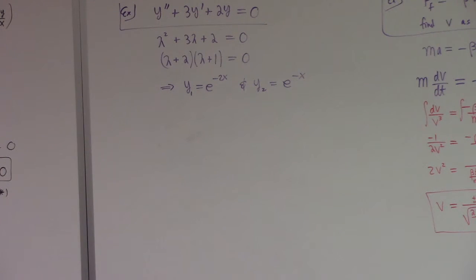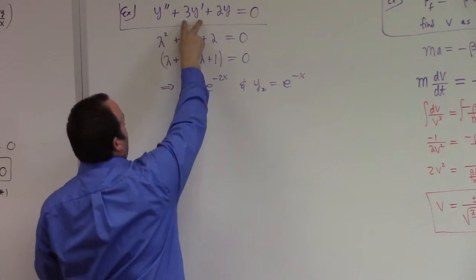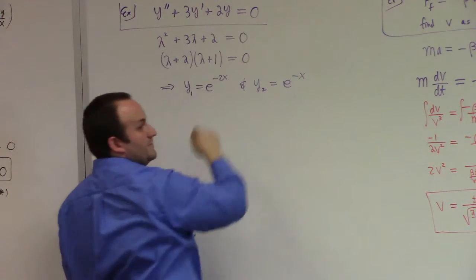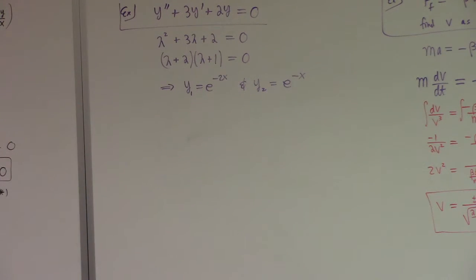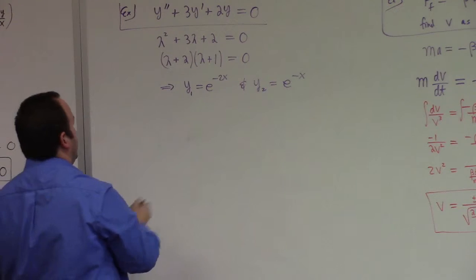That's not an accident. If you plug in e to the minus 2x, this produces a 4. That produces minus 6 plus 2. 4 minus 6 plus 2, 0. Not an accident. Those are solutions. What does the general solution look like? Well, here's a little theorem.